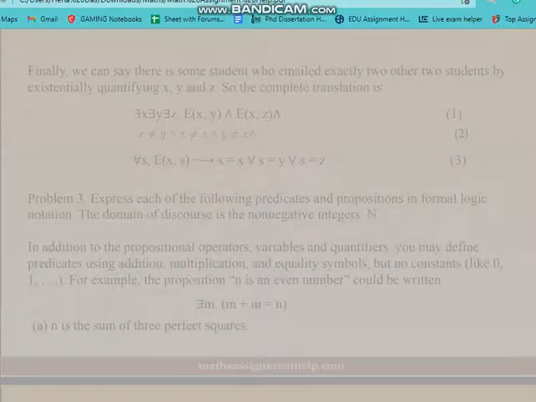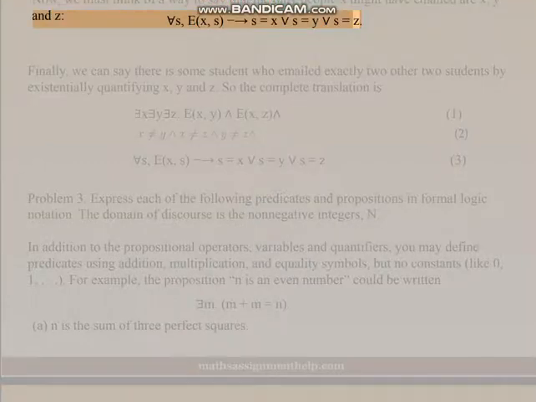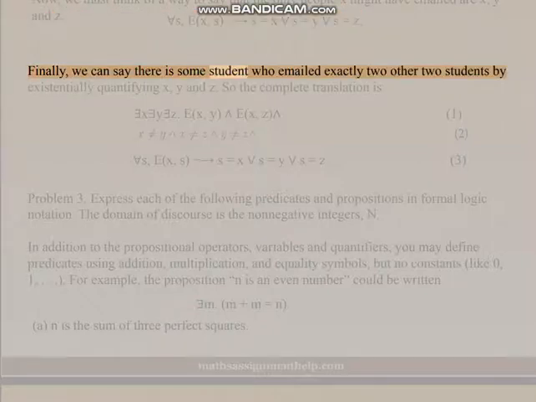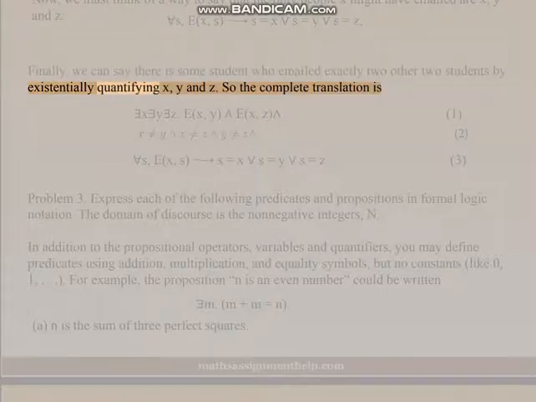Now, we must think of a way to say that the only people x might have emailed are x, y, and z: for all s, email(x, s) implies s equals x or s equals y or s equals z. Finally, we can say there is some student who emailed exactly 2 other students by existentially quantifying x, y, and z.